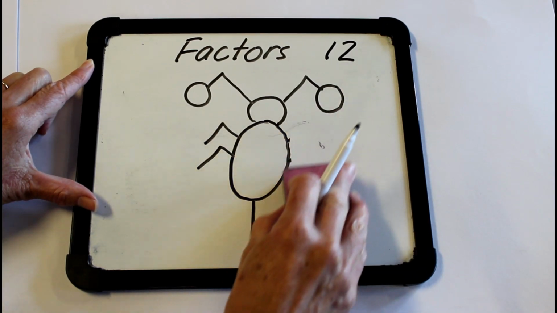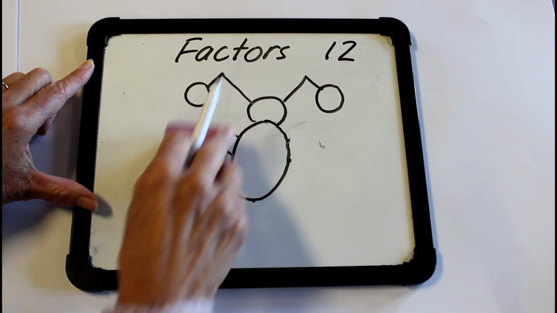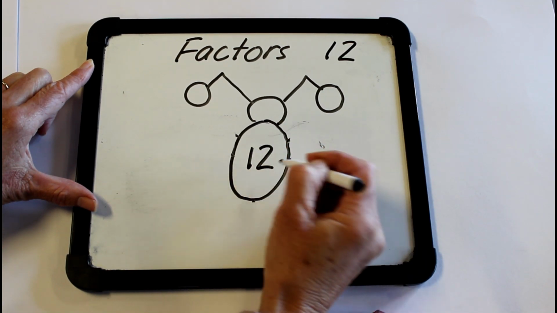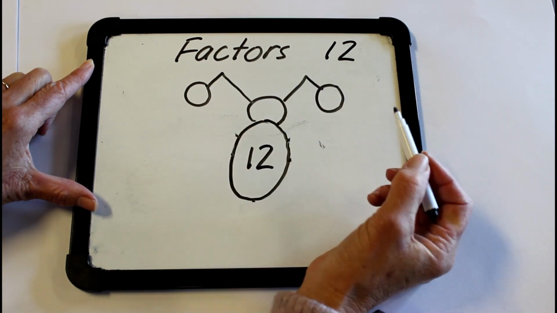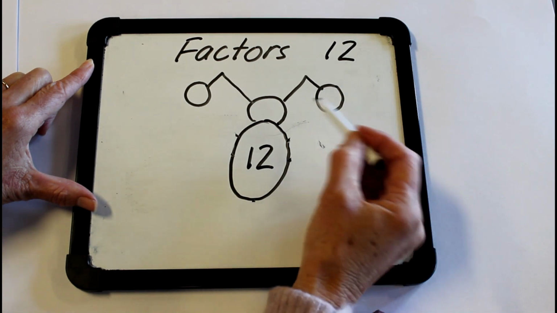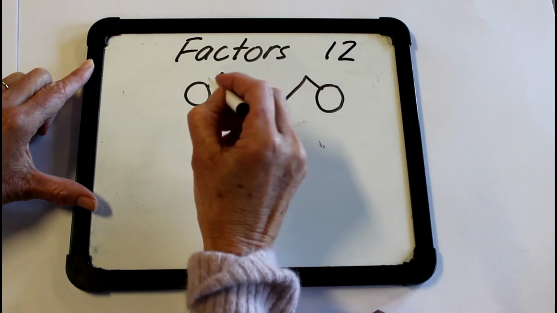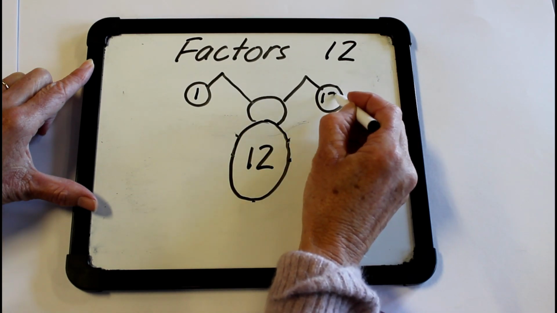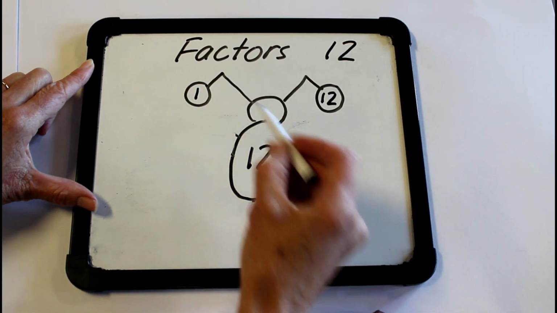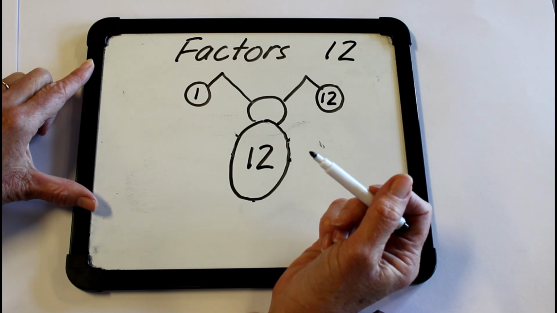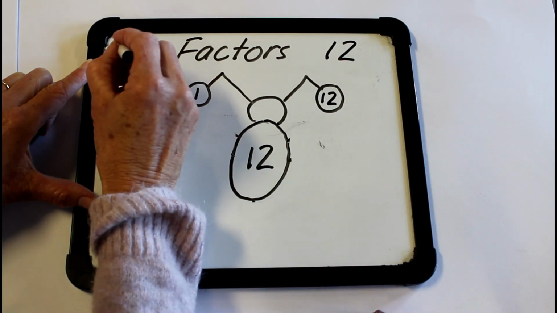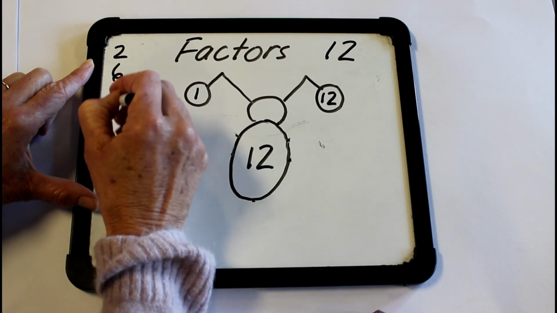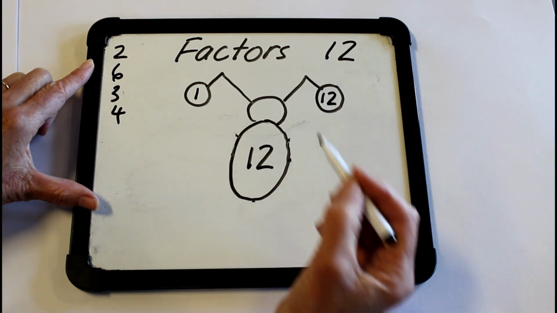So let's have a look at the factors of 12, the factor bug. So here's our factor bug. We're going to put 12 inside our factor bug. All factor bugs have antennae. Inside the factor bug's antennae are 1 and itself. So if this was 6, 1 and 6 would be in here. Now we said before that the factors of 12 are 2, 6, 3 and 4 and 1 and 12.